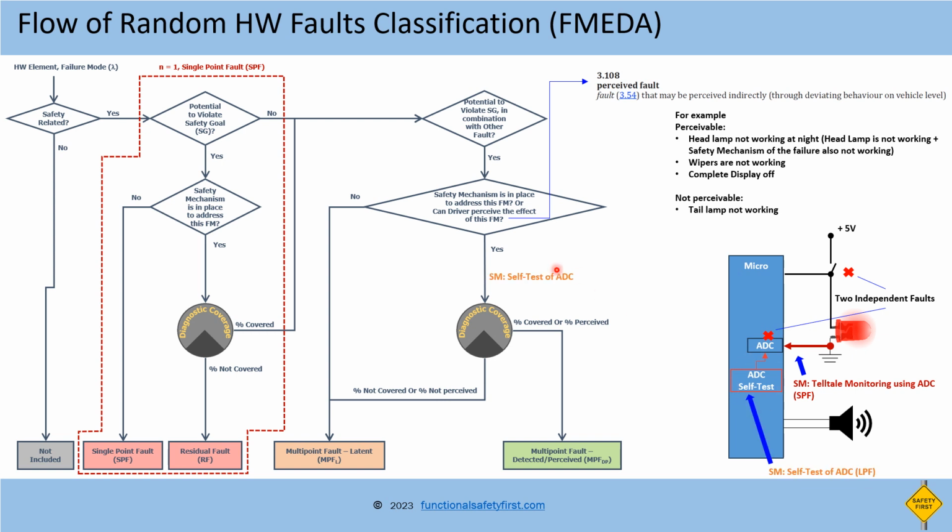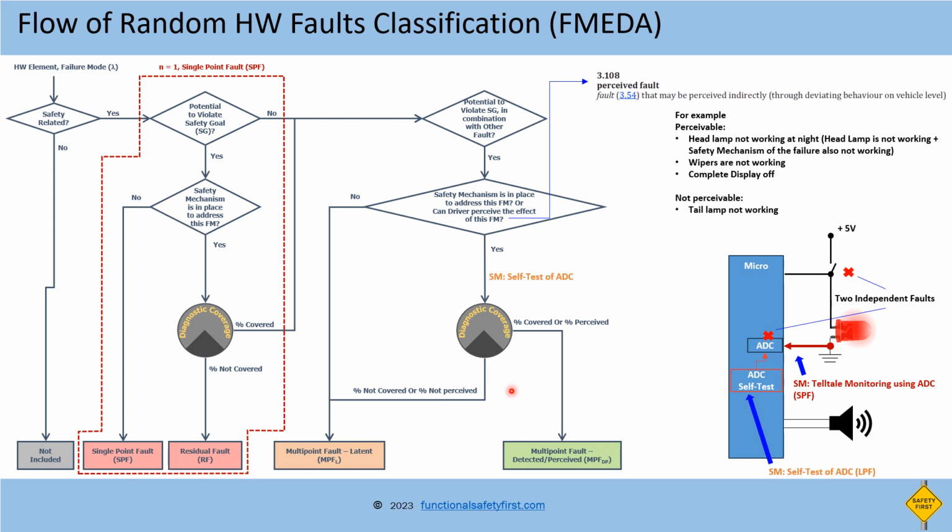Coming back to the question, is a safety mechanism in place to address the failure mode? Yes, using self-test of ADC. A safety mechanism which is not going to cover the failure is still called multi-point fault latent, or if the effect of the failure mode is not perceivable by the driver, it is also called multi-point fault latent.